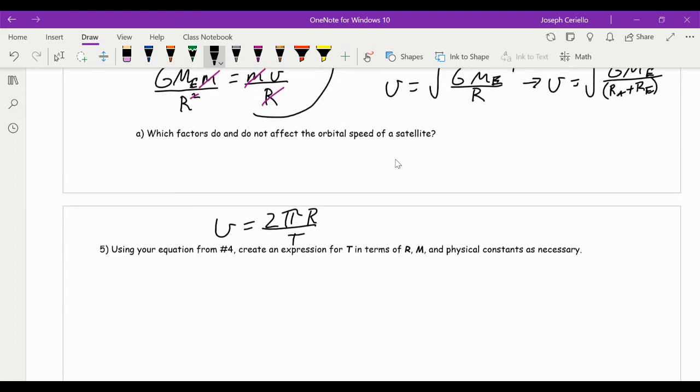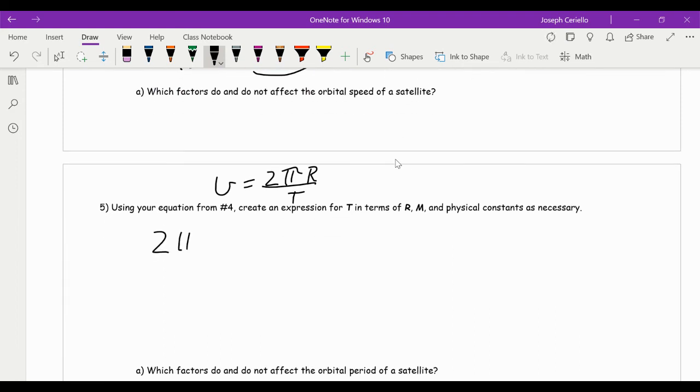So plugging that into the equation up there, I have 2 pi R over T equals the square root of G M_E over, I'm just going to leave it as M, just clean it up a little bit, but we know it's the Earth, over R.